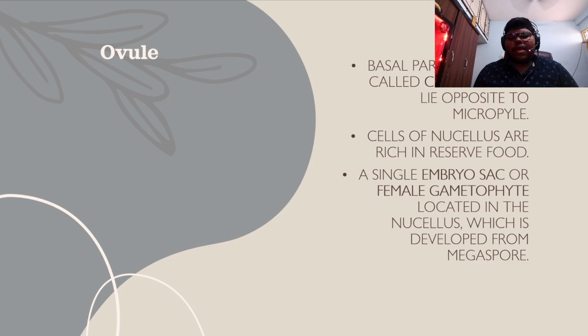The basal part of ovule is called chalaza that lies opposite to micropyle. Cells of nucellus are rich in reserve food. A single embryo sac, or a female gametophyte, is located in nucellus, which is developed from megaspore.